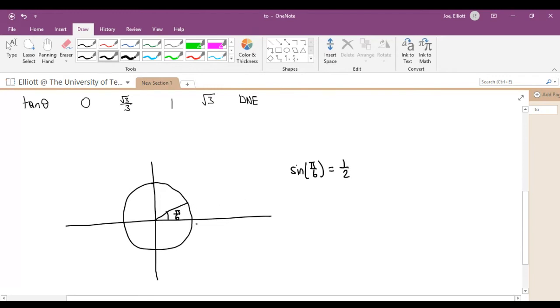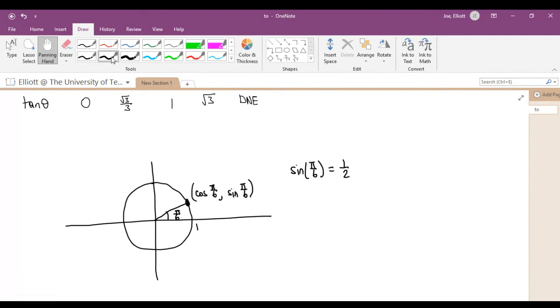If you'll recall, when you're looking at the unit circle, the x-coordinate of the point on the circle represents the cosine of the angle, and the y-coordinate represents the sine of the angle, right? So keep in mind that cosine represents the x-coordinate and sine represents the y-coordinate. That helps you keep track of which one is positive and which one is negative.